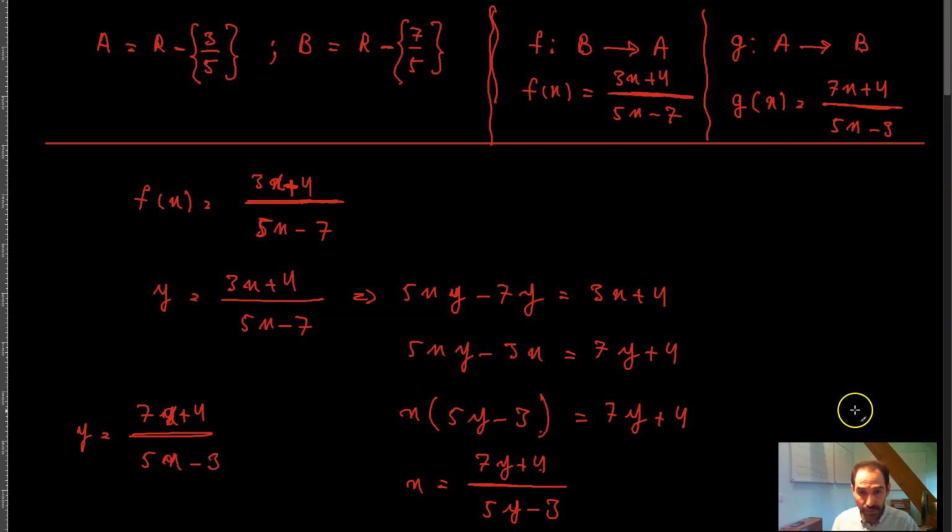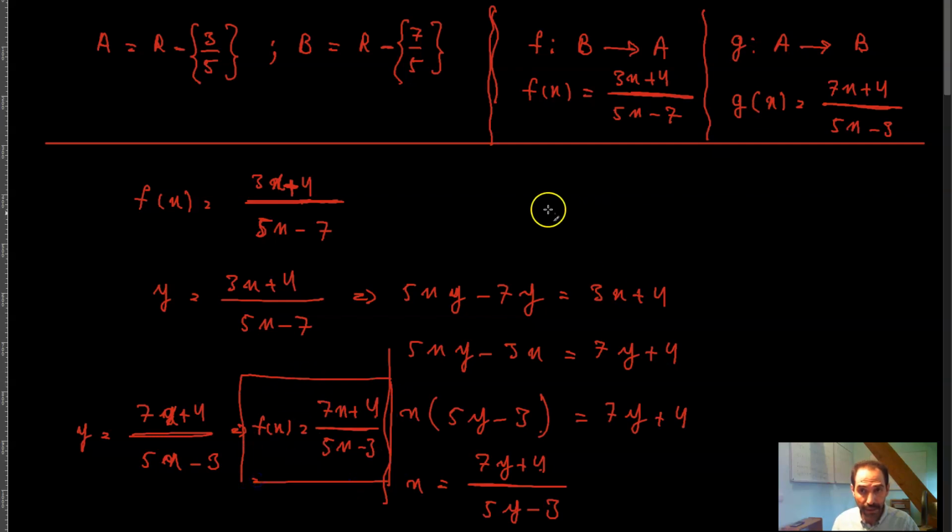To write it as we write our functions, instead of y I write f inverse of x equals 7x plus 4 over 5x minus 3. And you can see that this function is the inverse of f.